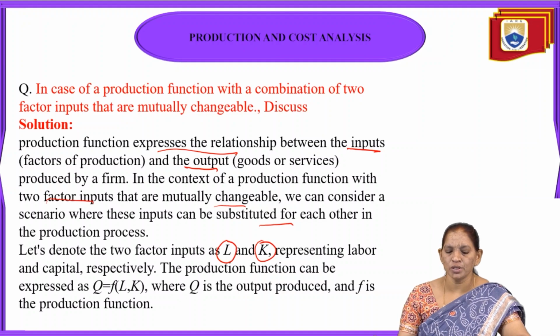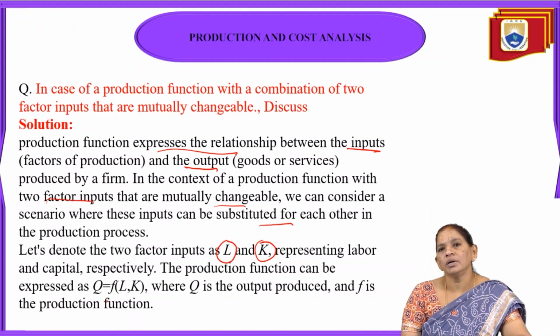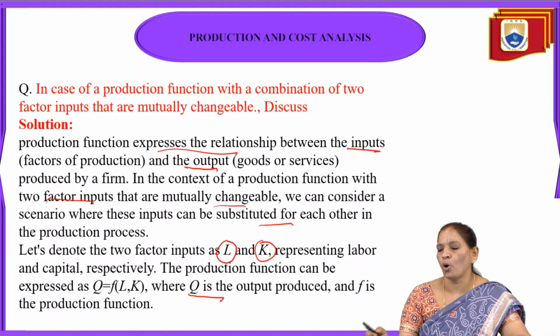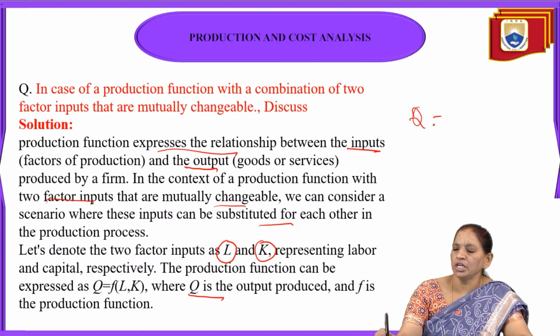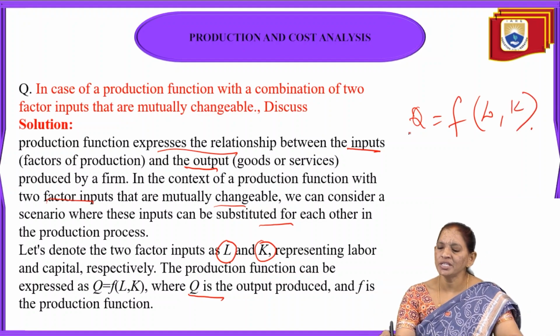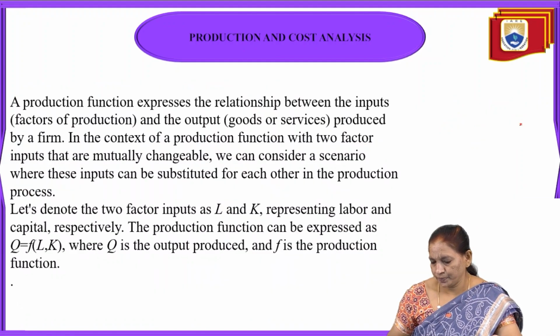The production function can be expressed as Q equals F of L and K, where Q is the output, F is the function, L is the labor and K is the capital.